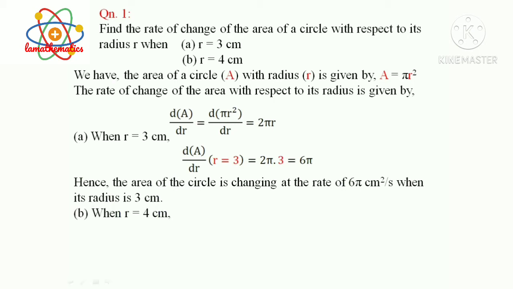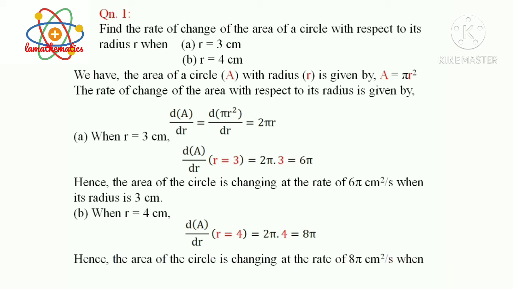When r equal to 4 centimeter, d by dr of capital A when r equal to 4 equal to 2 pi into 4 equal to 8 pi. Hence, the area of the circle is changing at the rate of 8 pi centimeter square per second when its radius is 4 centimeter.